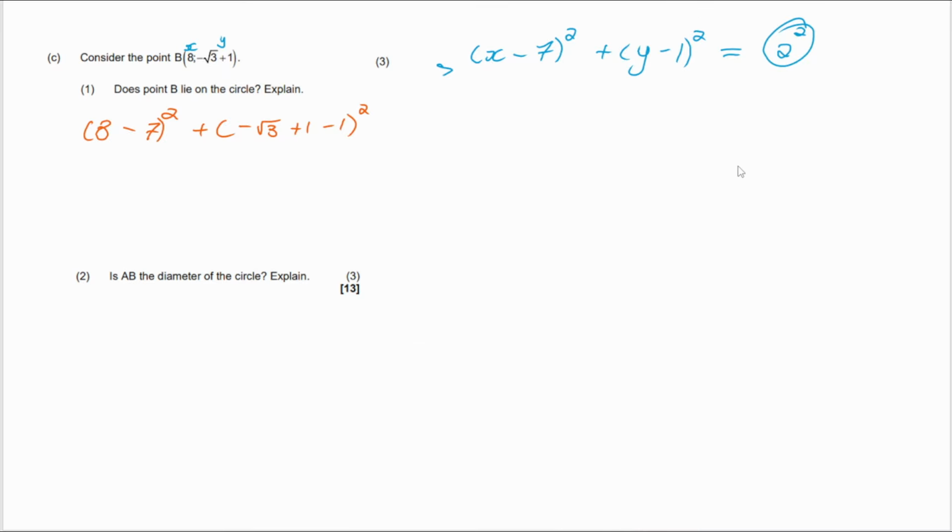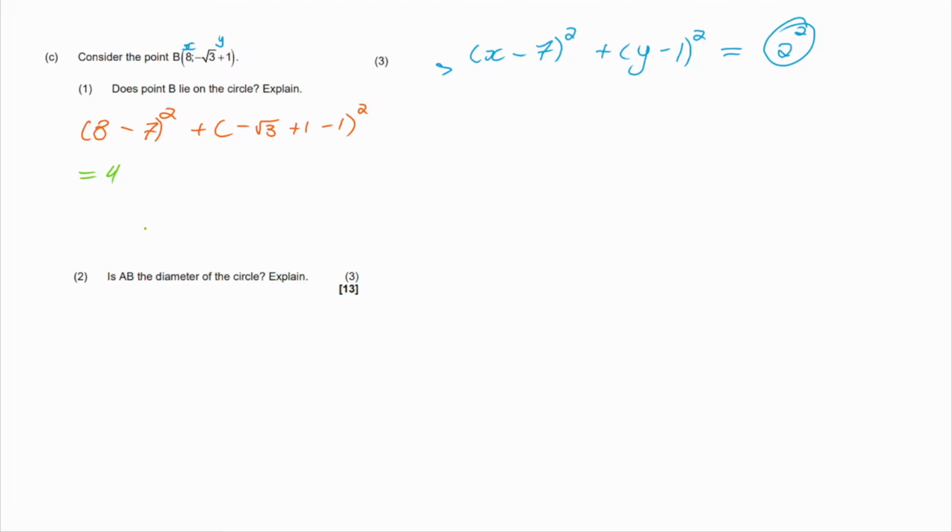And we get 4. So the left hand side is equal to the right hand side, because our right hand side is this 4. Therefore the point lies on the circle. We just substituted these coordinates in over there.